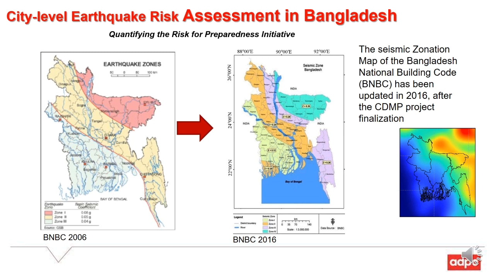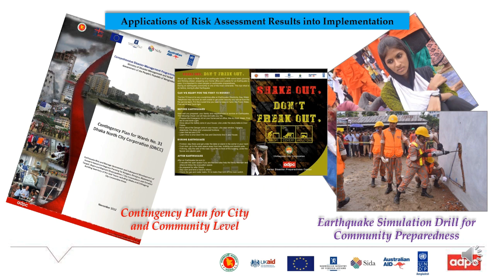You can see that it almost followed the overall design earthquake that we produced during the CDMP project finalization. So, some of the applications of the risk assessment results into implementation: one was, of course, the scenario-based contingency plan for city and community level, and we also did the earthquake simulation drill for community preparedness.